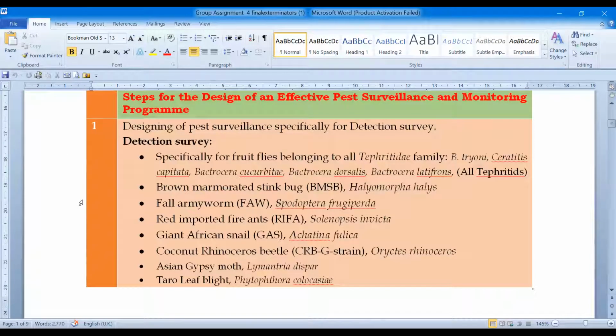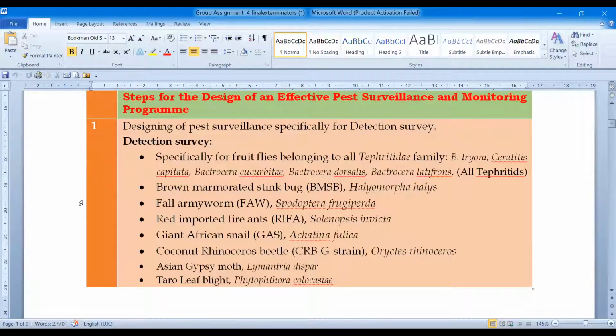So one of the steps will be to design a pest surveillance, specifically for a detection survey. So that is the one that we're starting with.